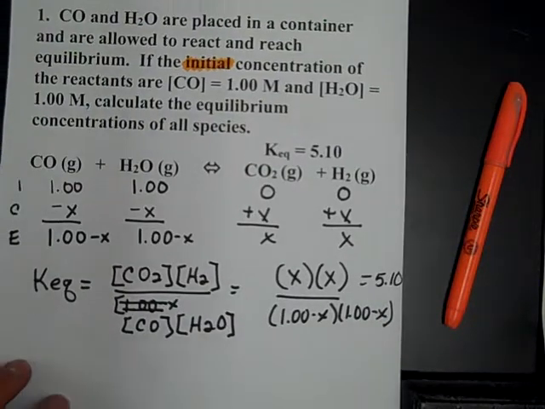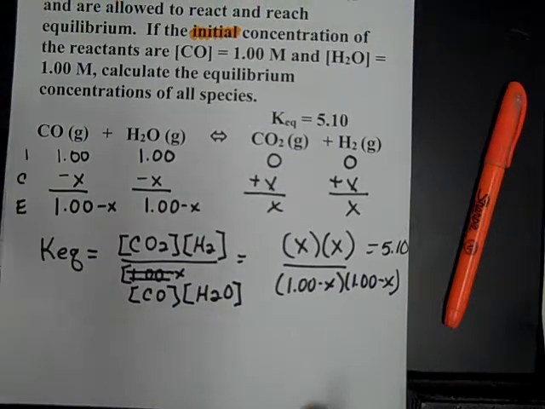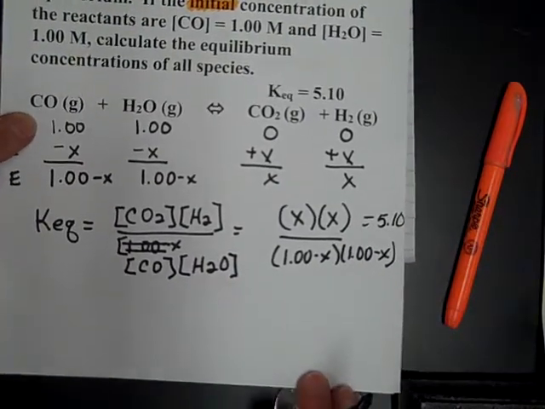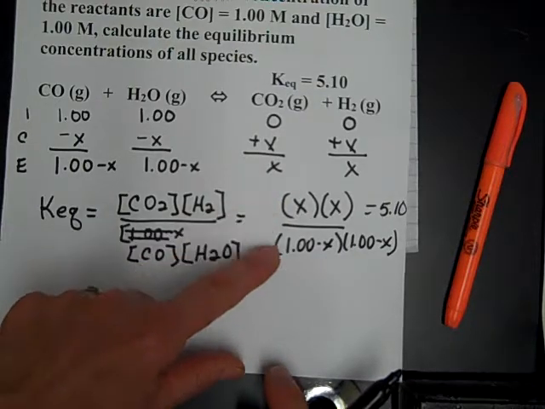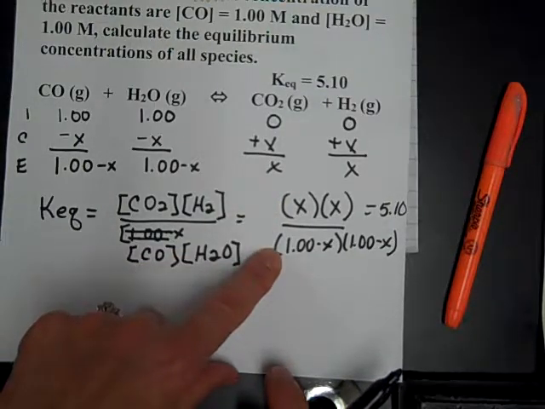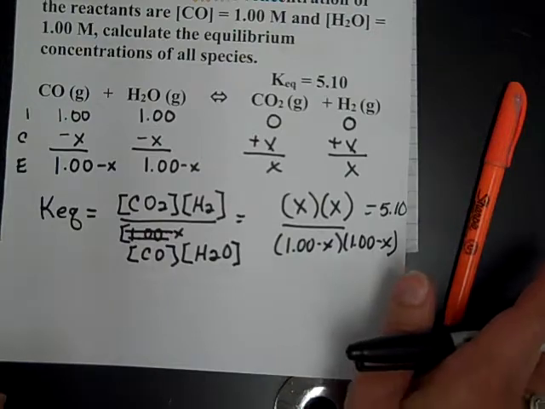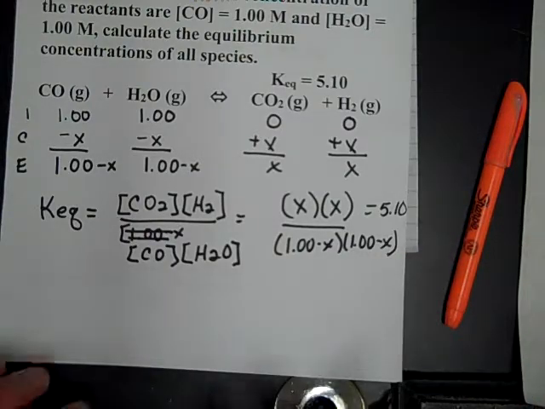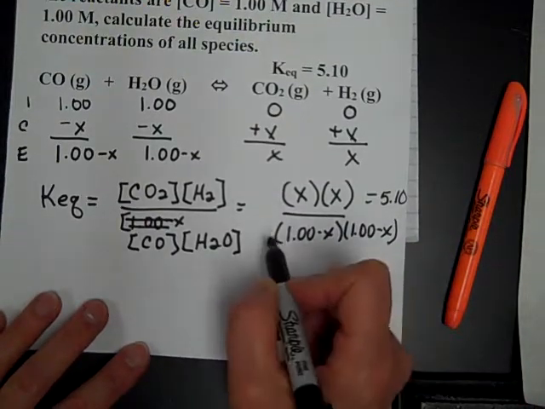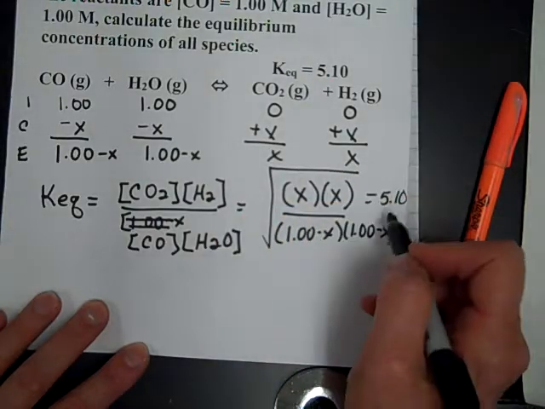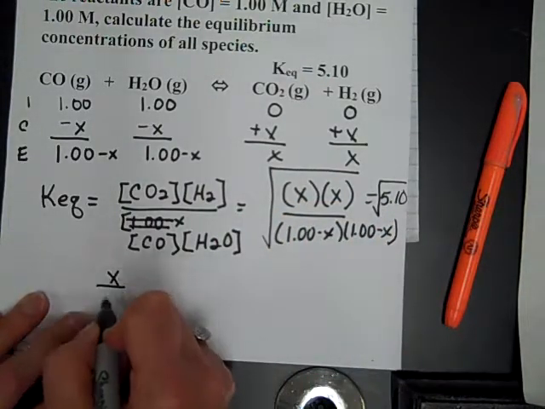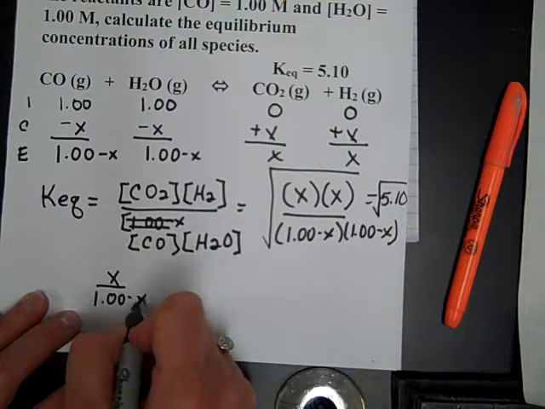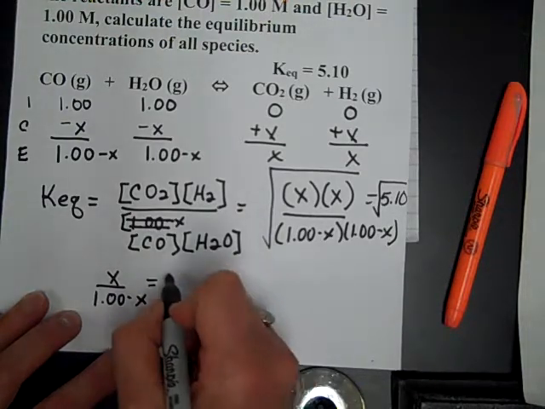Now again, the rest is just algebra. So let me scoot this up so you can see. What you need to notice about this, which is going to make your life a whole lot easier, is that the numerator and the denominator are perfect squares, because otherwise the algebra gets more complicated. So I'm going to take the square root of both sides. So we get X over 1 minus X equals 2.25.